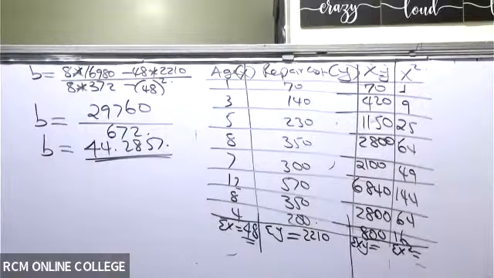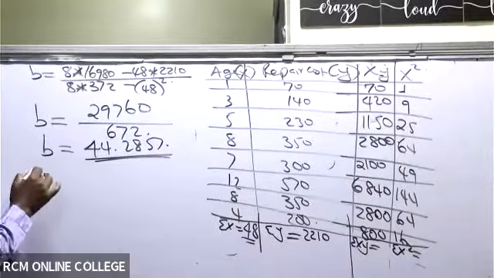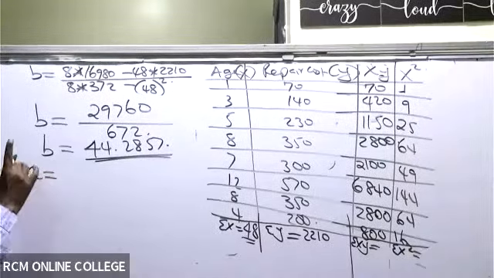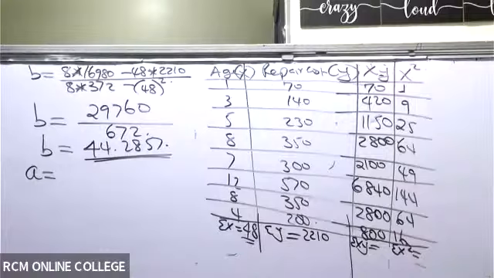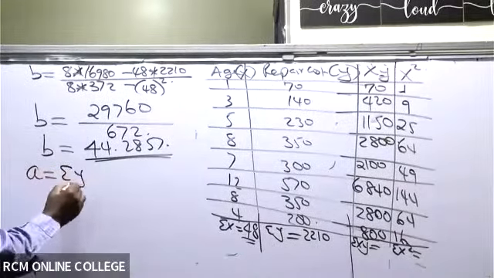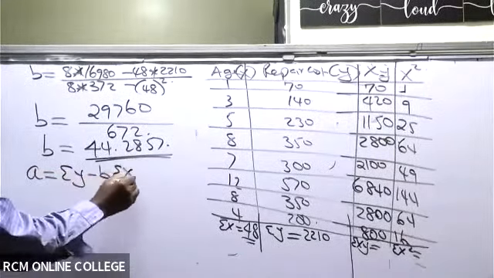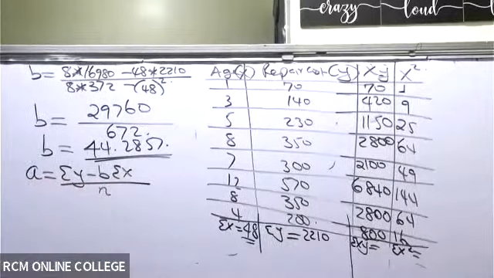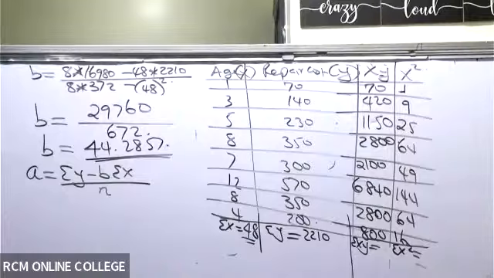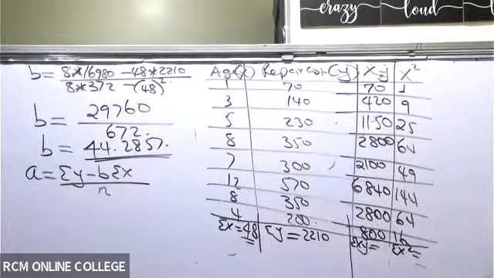Once you get the value of B, getting A is as easy as a walk in the park. To get A, we normally take summation of Y minus B times summation of X, divided by N. Do we have all these parameters?